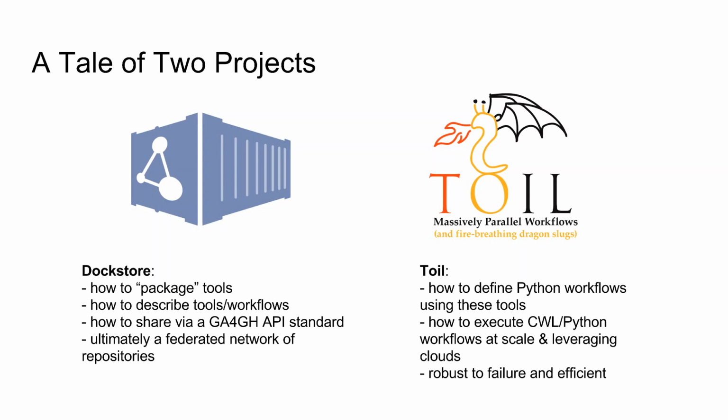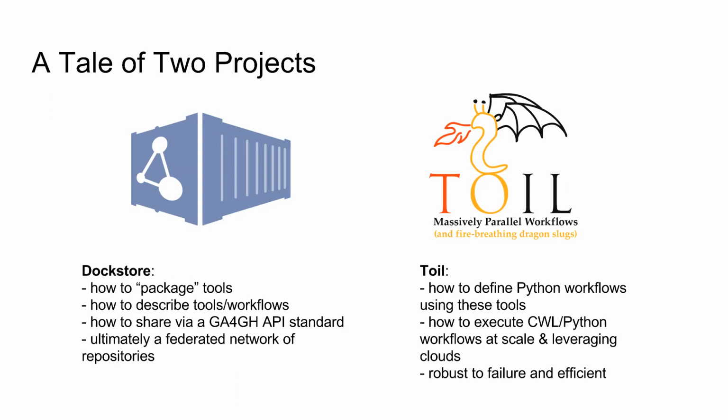So on the Toil side, it's really all about running workflows, and workflows that are constructed from individual tools from a source like Dockstore, to how to define those workflows in Python and execute them. It also recently has had added support for CWL, which is an emerging workflow definition standard.